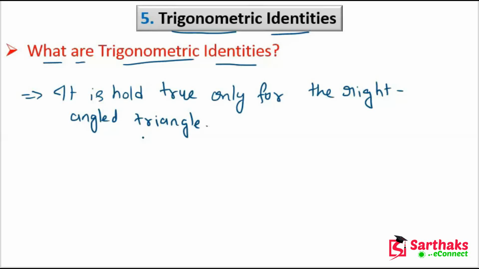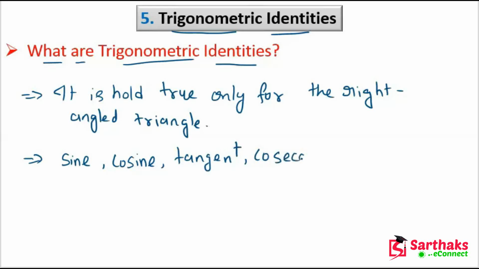All the trigonometric identities are based on 6 trigonometric functions. What are these? These are sine, we already discussed these, cosine, tangent, cosecant, sec, and cotangent.